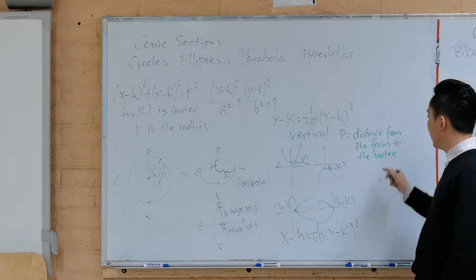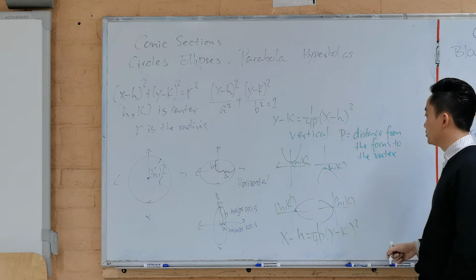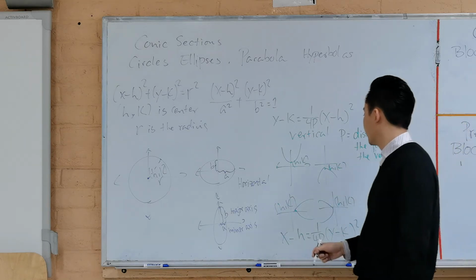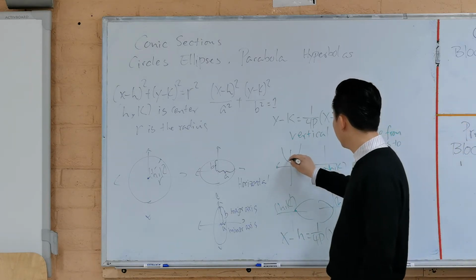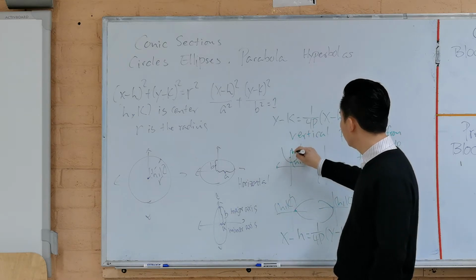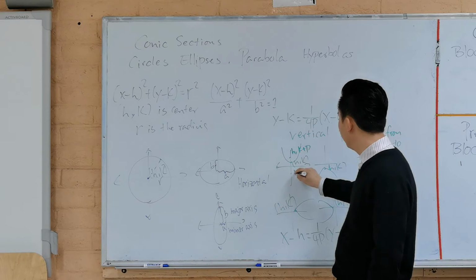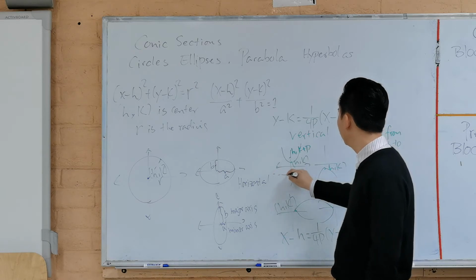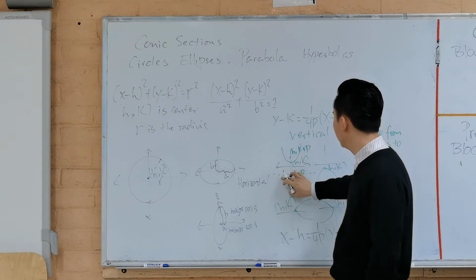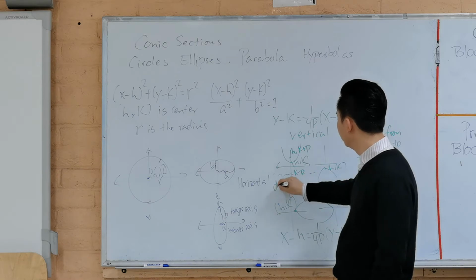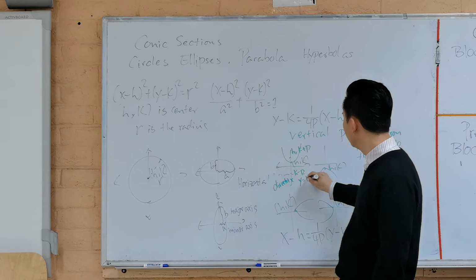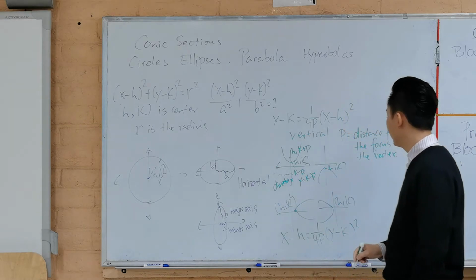And also the opposite direction, the distance, that tells you the directions. So let's say the focus right here would be h, comma, k plus p. And then k minus p, the value for y, that would be the directrix. So y equals k minus p.